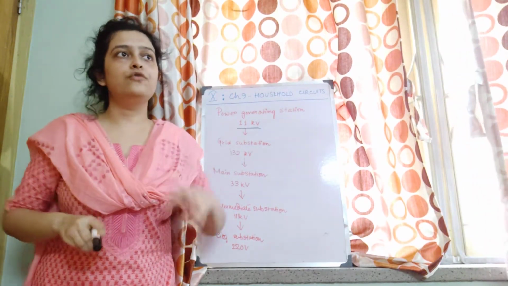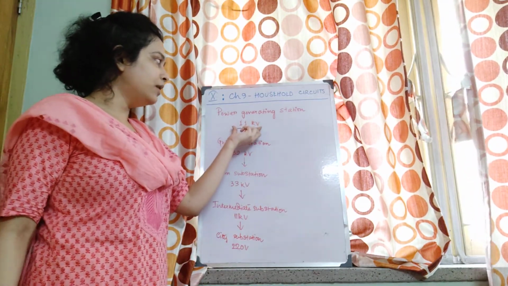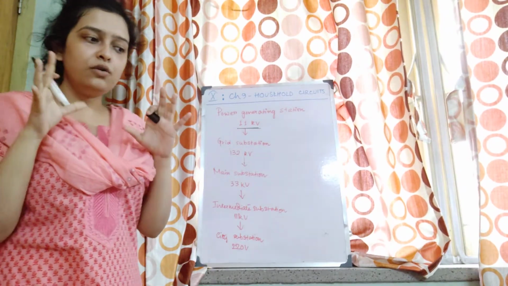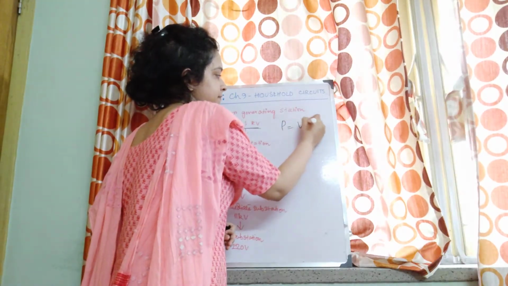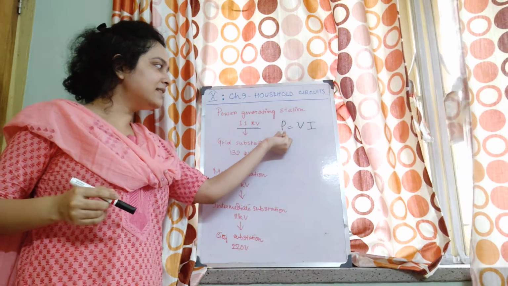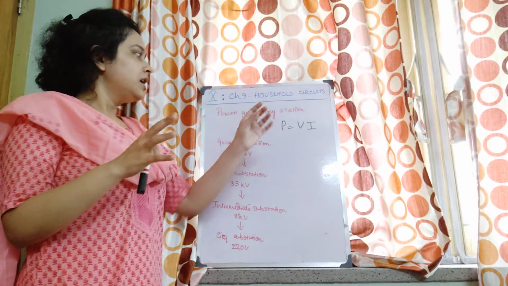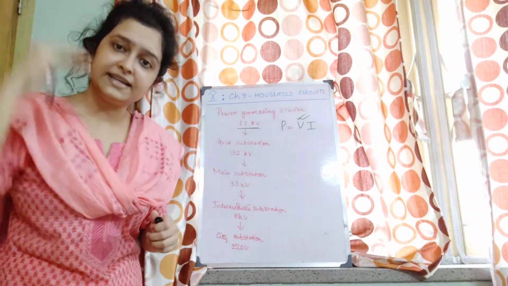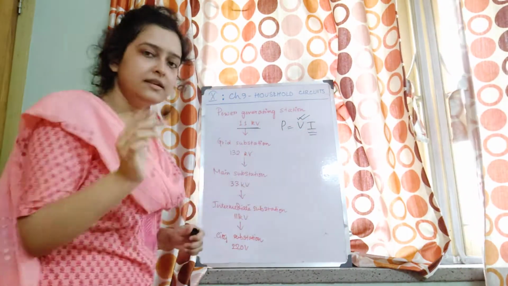Now, why do we prefer to generate the power at a very high voltage? Notice, I hope you remember this relation. For supplying a certain amount of electric power, if voltage is increased, then current will decrease.